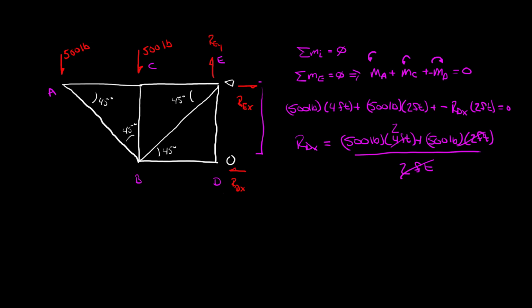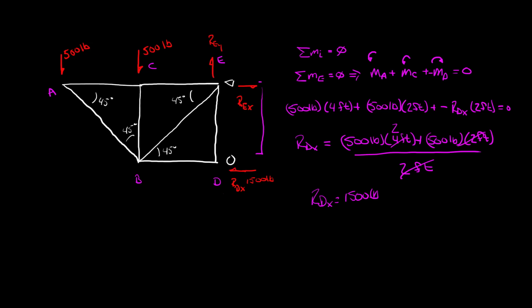And what I end up with is this is going to equal 1,500 pounds for R dx. So let me go ahead and write that in red here real quick. And I'm going to add that here at R dx, and I'm going to make this 1,500 pounds. Now I put my conventions in, so this is actually a negative if I talk about a scalar, but because I draw it with a vector, I just draw it with 1,500 pounds.